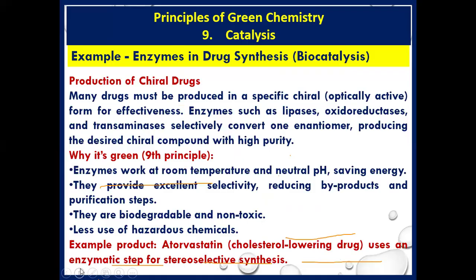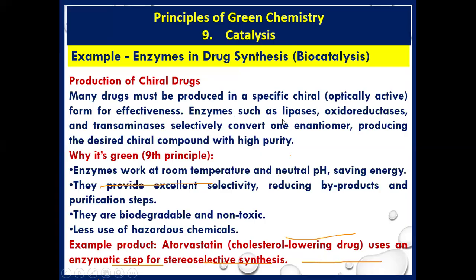For example, enzymes in drug synthesis, or biocatalysis. Production of chiral drugs is the best example of the ninth principle of green chemistry. Many drugs must be produced in a specific chiral form, that means an optically active form, for effectiveness.